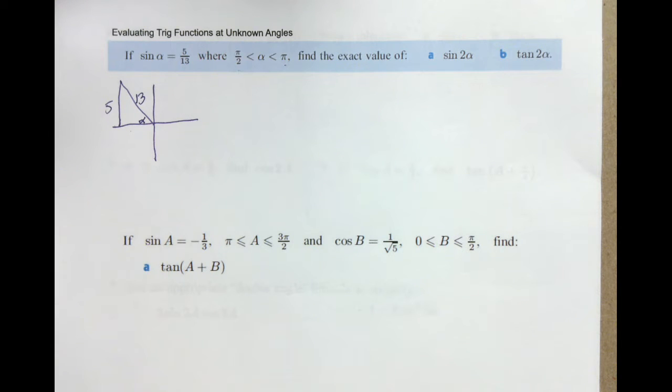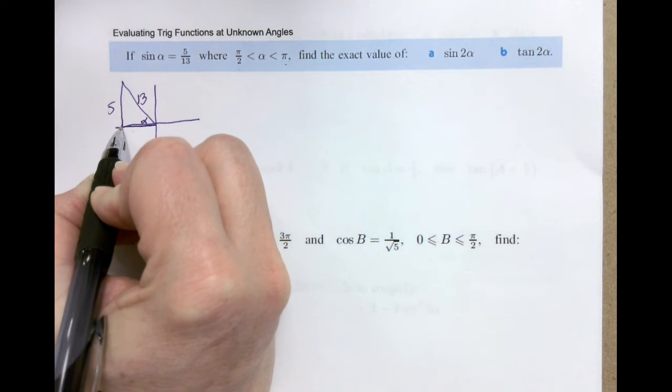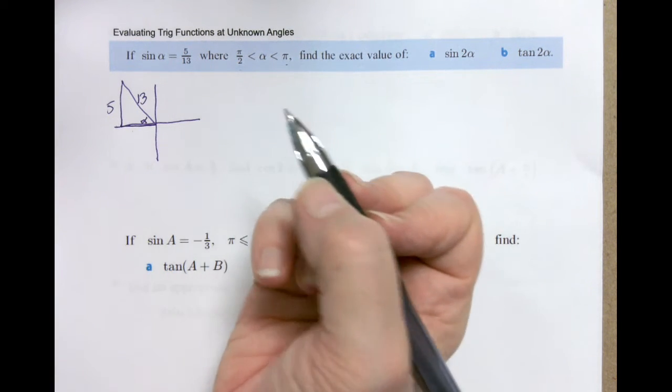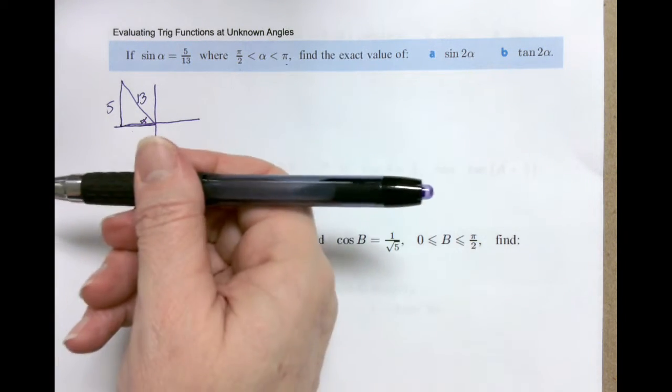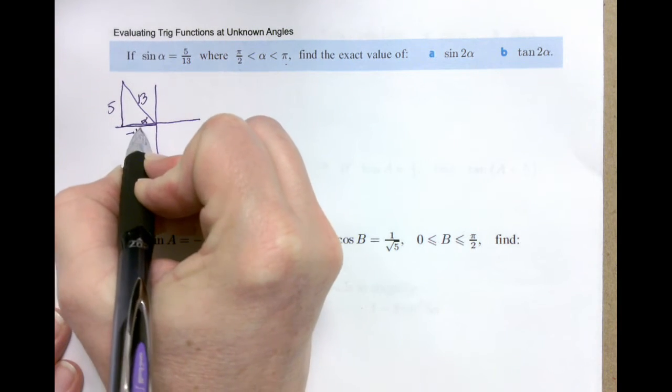Anyway, you can tell my triangle is not to scale because that does not look like 5 as compared to 13. But no matter, what would be the measure of this side? It is going to the left, so it is negative 12. Yes.